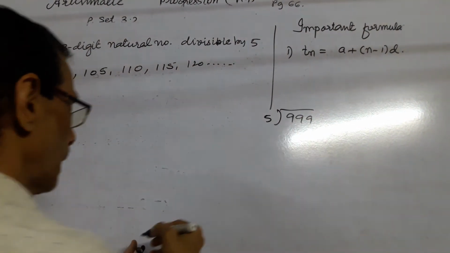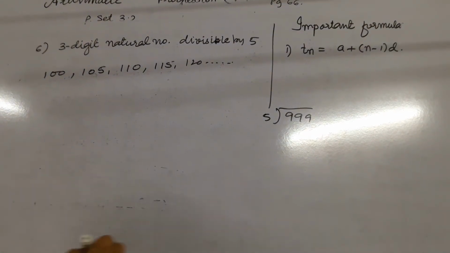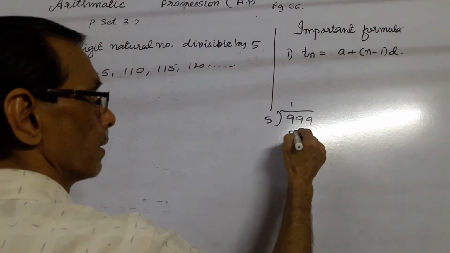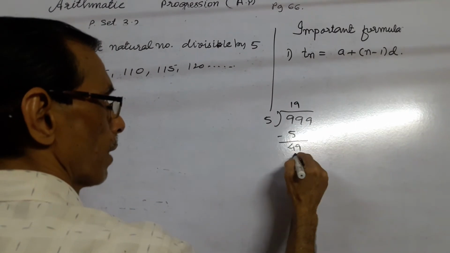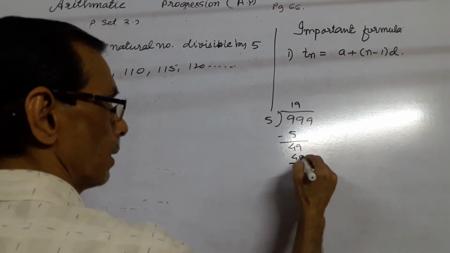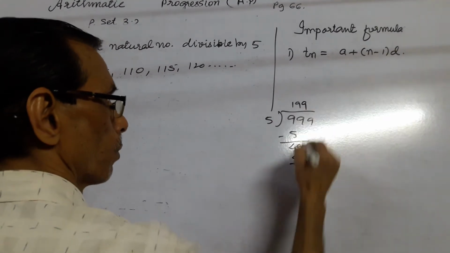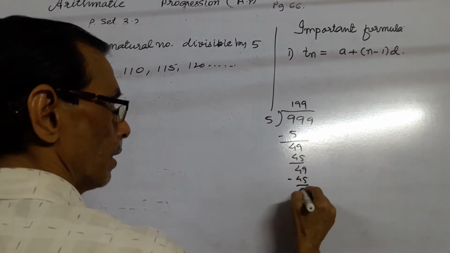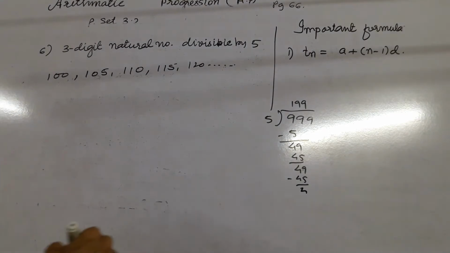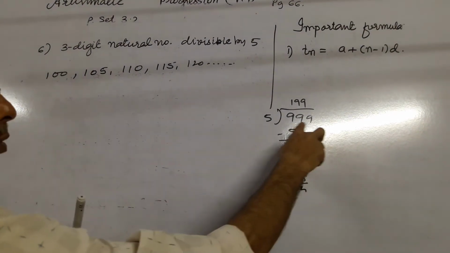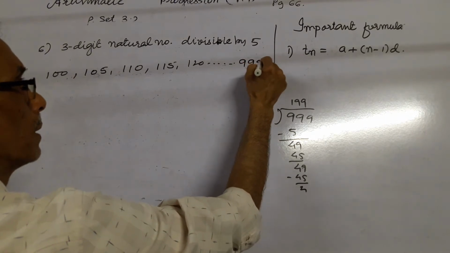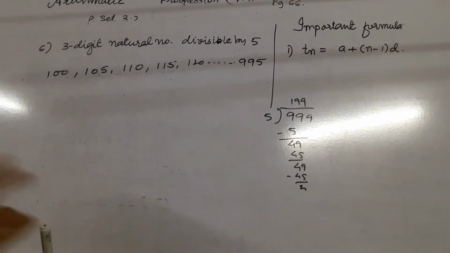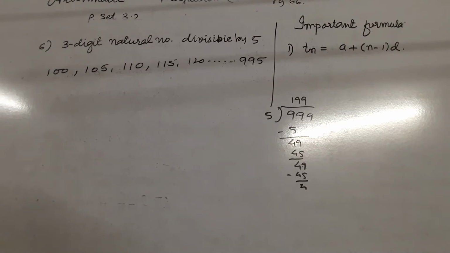If you divide 999 by 5, 5 ones are 5, subtract, 4 remain, take 9, 5 nines are 45, subtract, 4 remain, take 9, 5 nines are 45, and here 4 is left, and that's why subtract 4 from this. So you find that 995 is the largest 3-digit number which is divisible by 5.